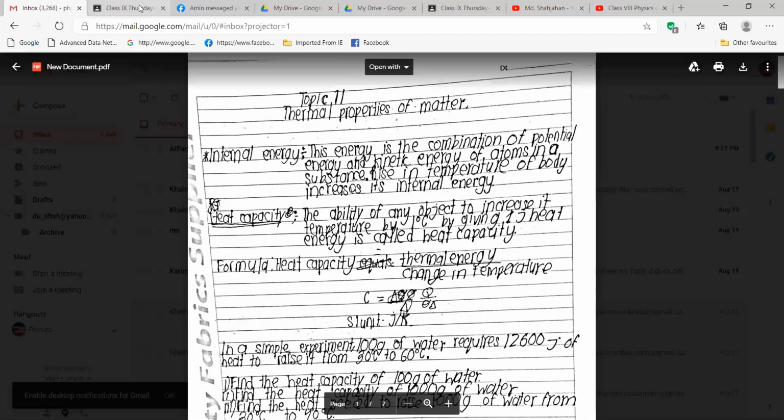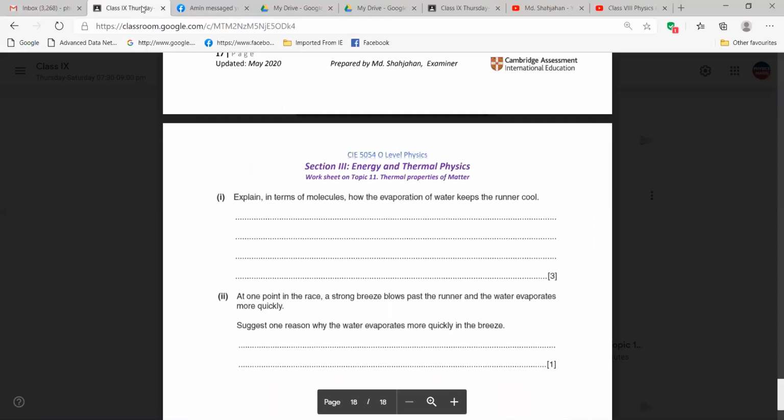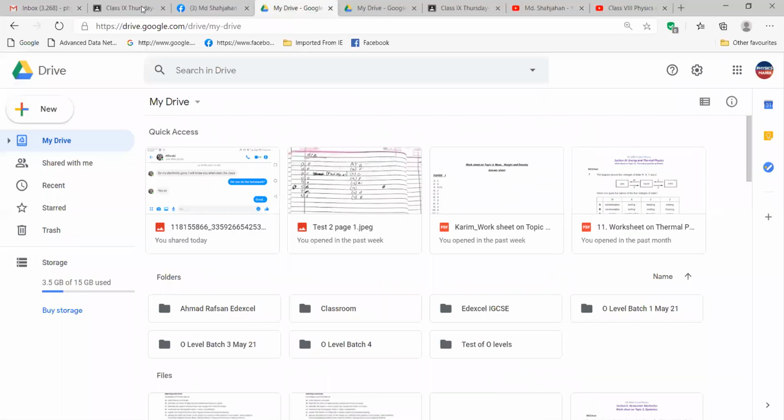Our topic name is, what is our topic name? Can you remember the topic name? Kinetic model of matter, topic 12.